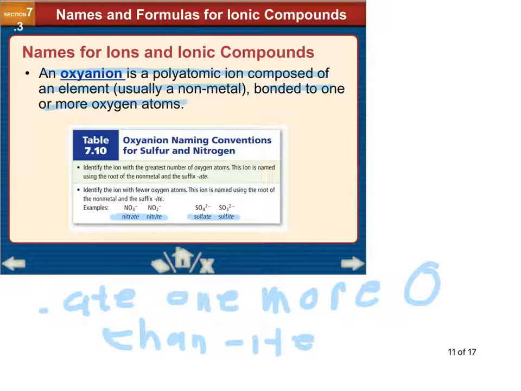And some of them will also use a prefix, either per or hypo. And these mean one more oxygen or one less oxygen.